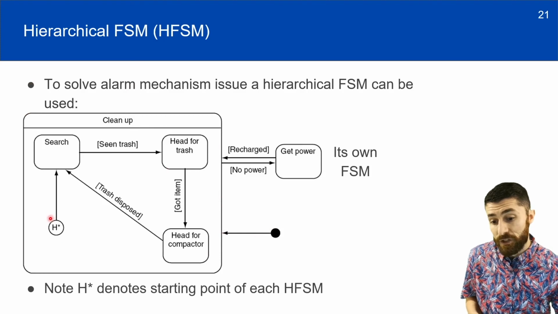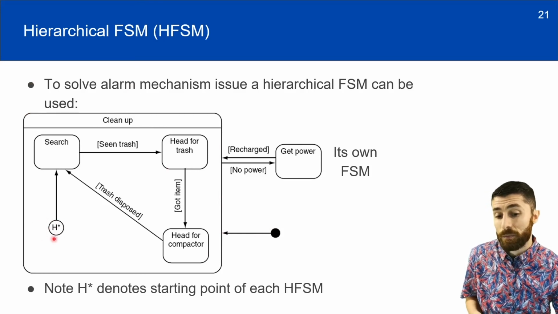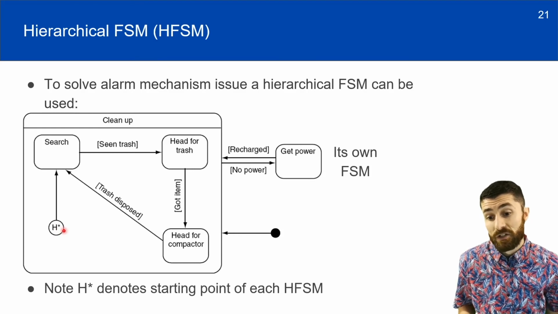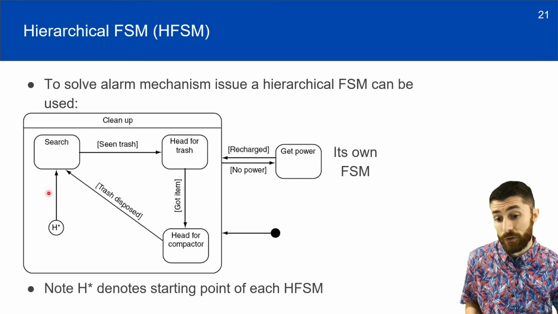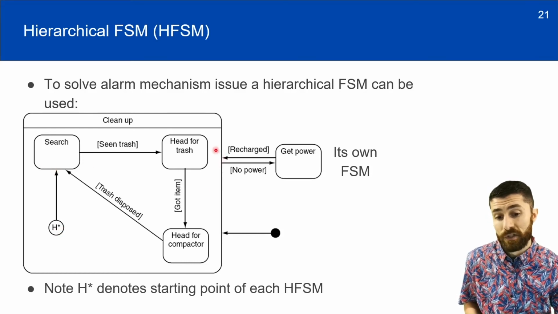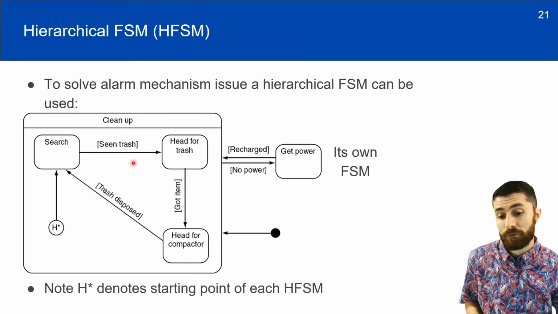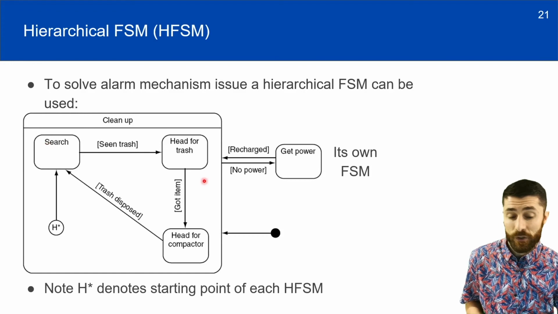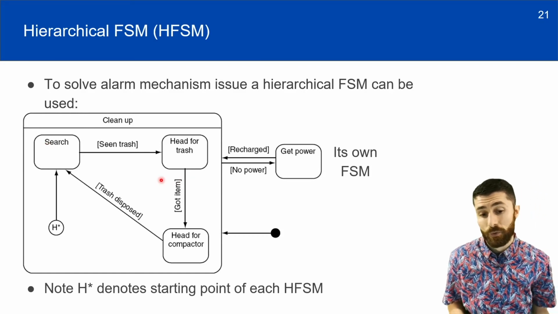And this H star denotes which point of the hierarchical finite state machine's state it will actually be in when it starts. So it will be in a search state here. Now, this AI agent can go about its business, trying to see trash, head for the trash, get the trash, go to the trash compactor, dispose of it and go back to its search routine. It can keep doing it as much as it wants.